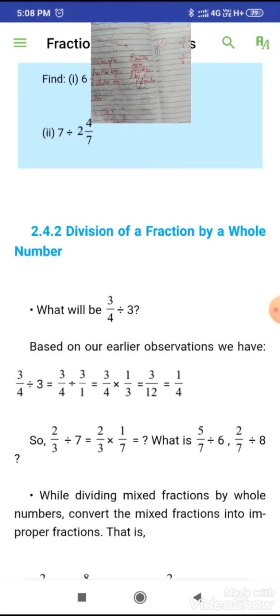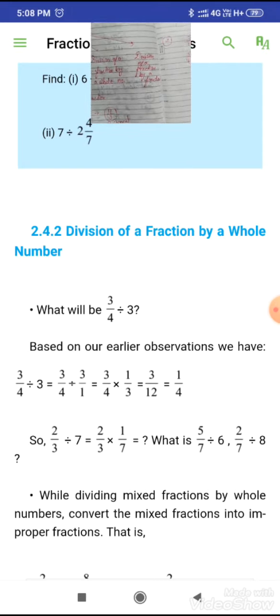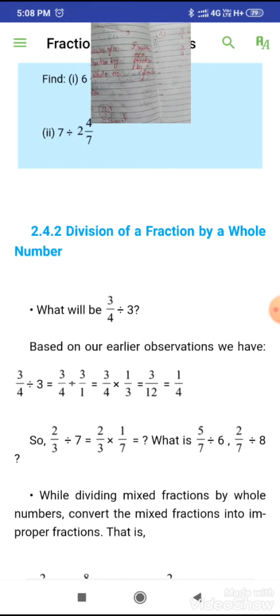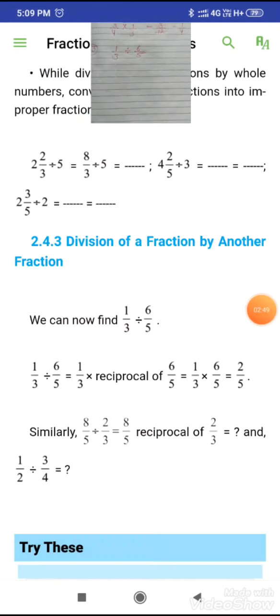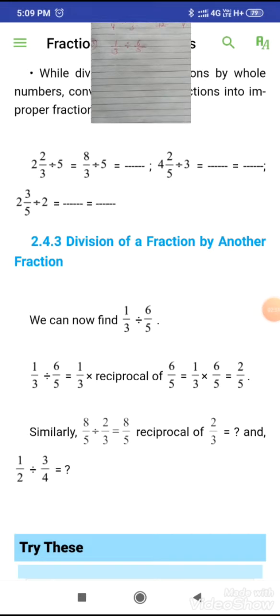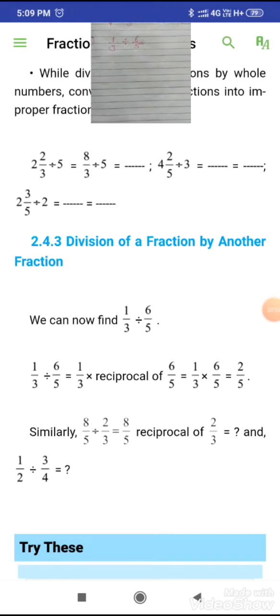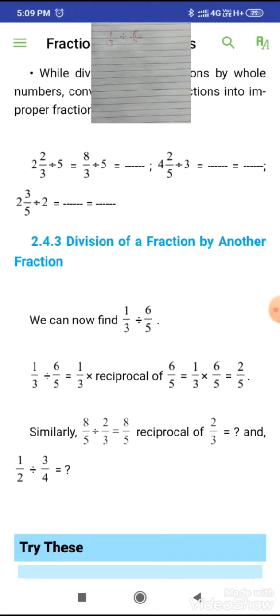In third kind of fraction, we have to divide a fraction by a fraction. Let's take one example for this. So process of division is also same here as we learned in the previous two kinds.